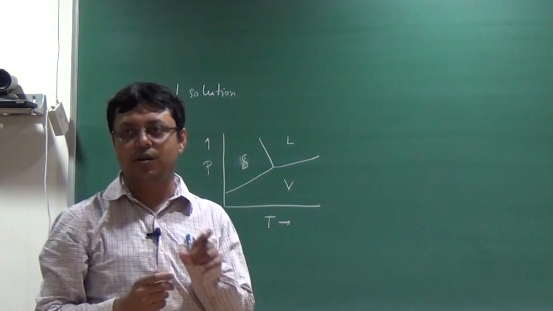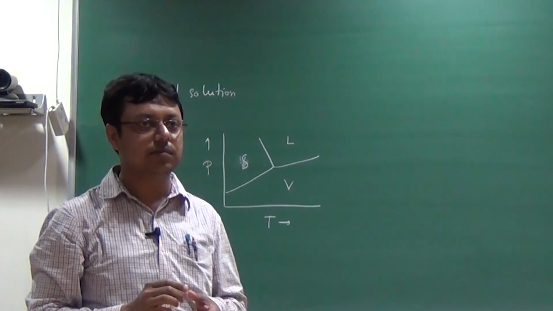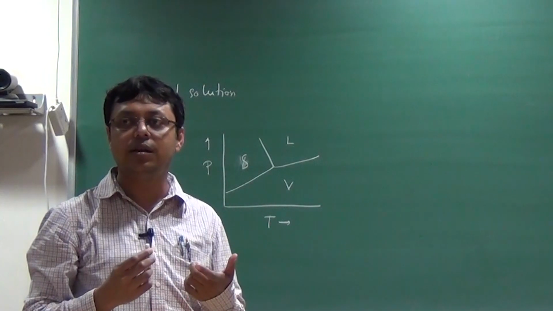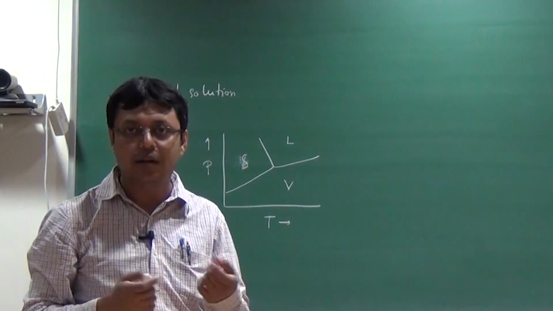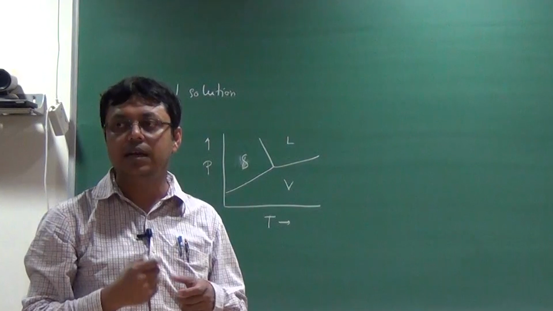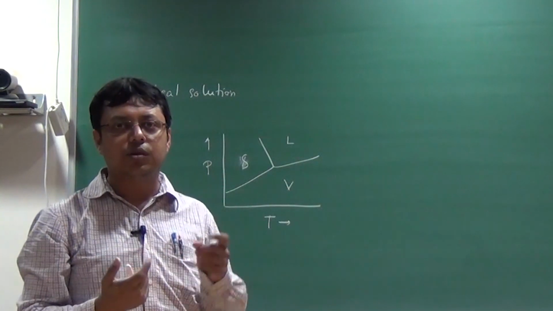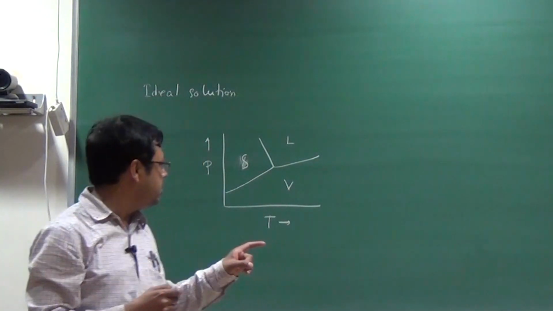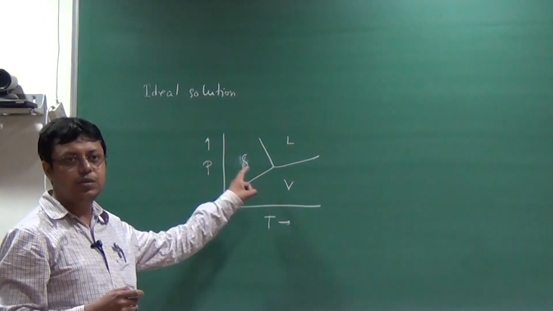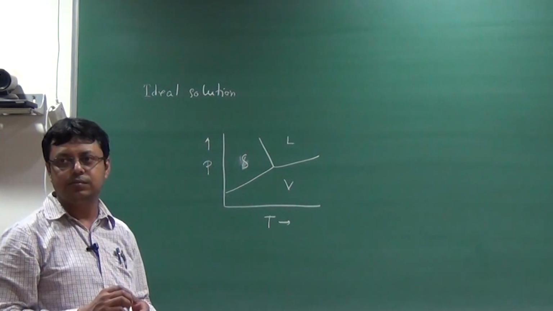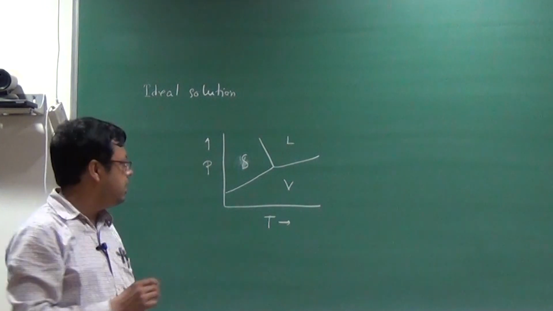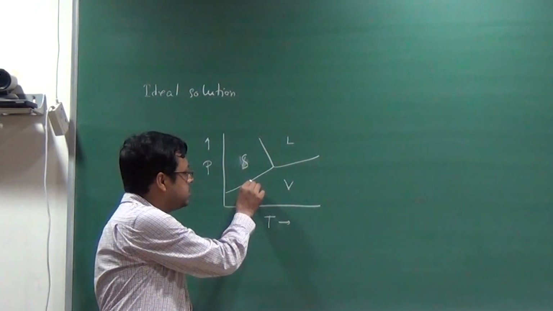But what about the conditions which are on the lines? Because remember, the lines are representing where the 2 phases are coexisting in equilibrium. So think about it, this line is an equation which is connecting pressure with temperature. So if I say, okay fine, what is this point?